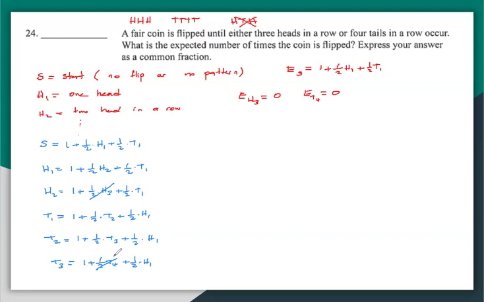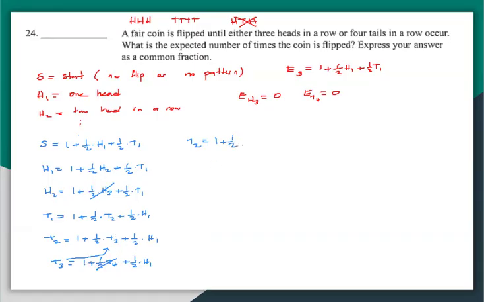So we got the expected value of each state, so we need to solve this system now. This has H1, this is T3. Maybe we can plug this into the previous equation. So I will get T2. Let me just write it here. T2, which is this statement, is equal to 1 plus 1/2 times T3.